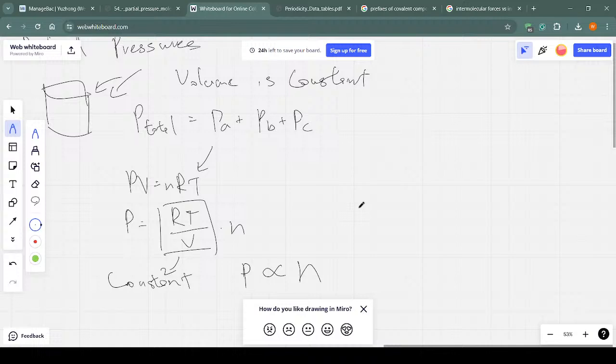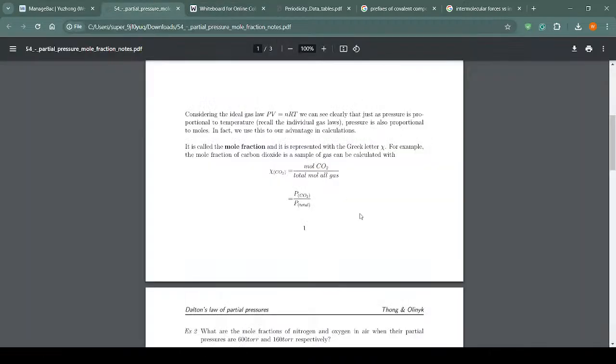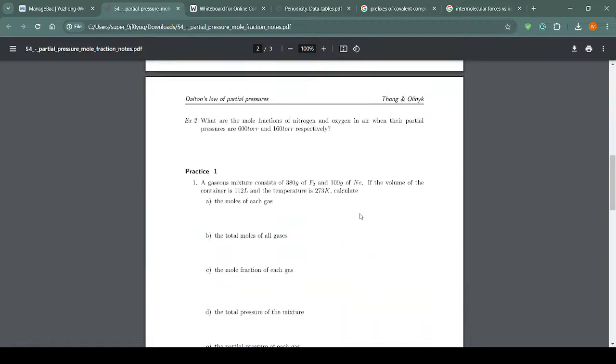Therefore the ratio of the P's, PA to PB to PC, equals nA to nB to nC. Yep, that makes sense. The mole fractions.